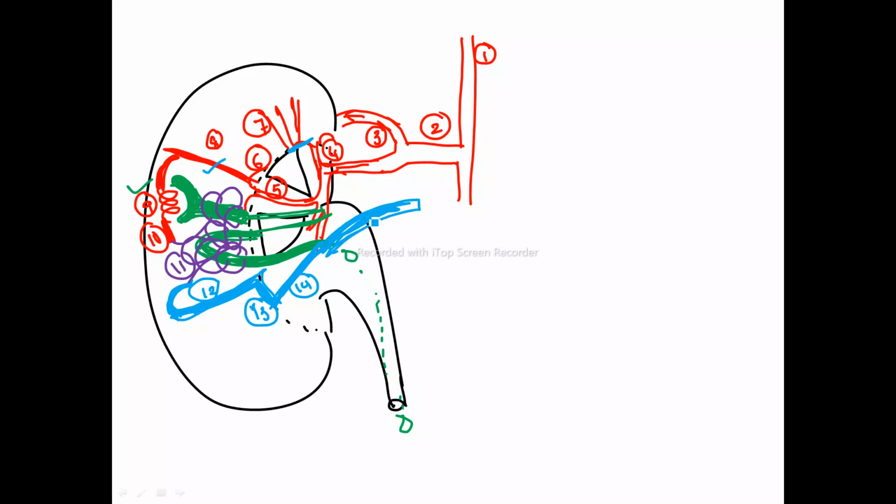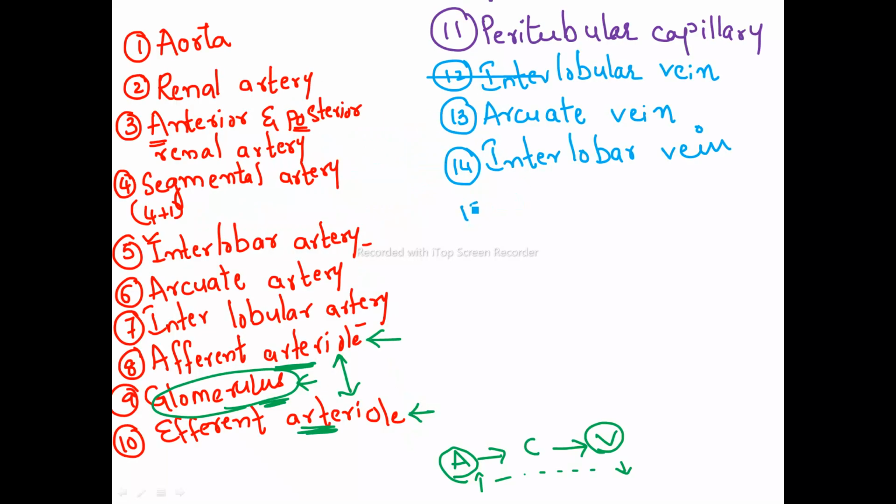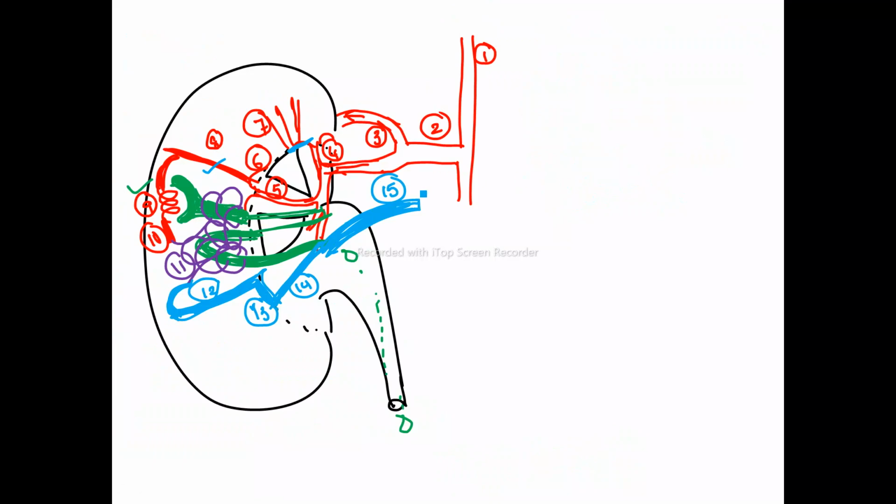Okay, a much bigger blood vessel, number 15, will be your renal vein. And this renal vein will eventually be throwing the blood into the major blood vessel, which is your, yes, inferior vena cava.